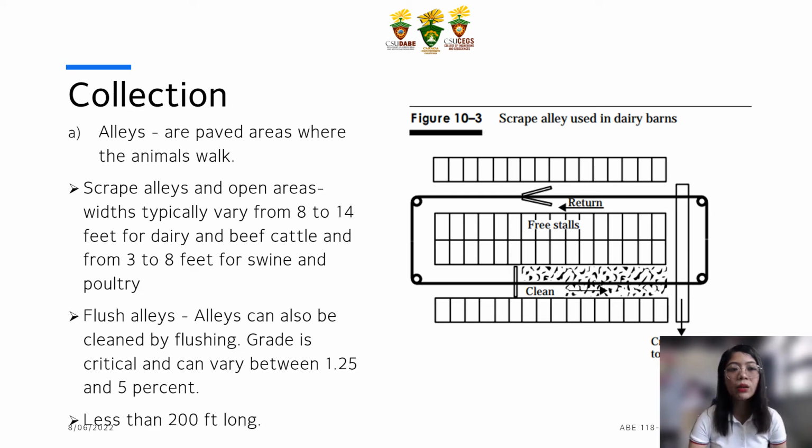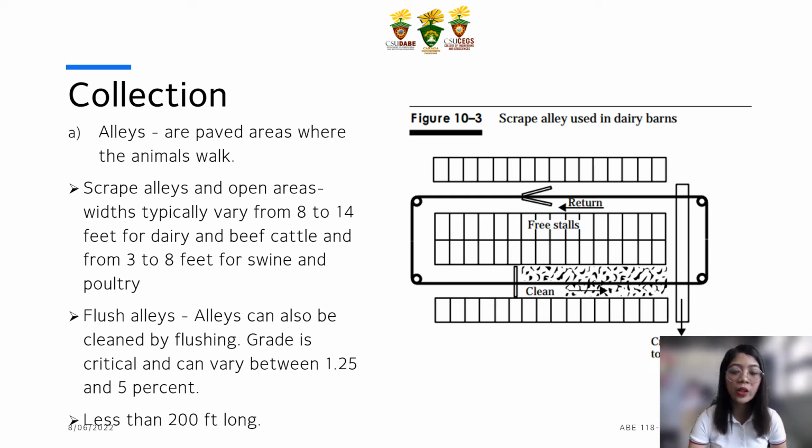So the amount of water used for flushing is also very critical. So an initial flow depth of 3 inches for underslot gutters and 4 to 6 inches in open alleys is very necessary. So the length and width of flush alleys are also factors. So most flushed alleys should be less than 200 feet long.